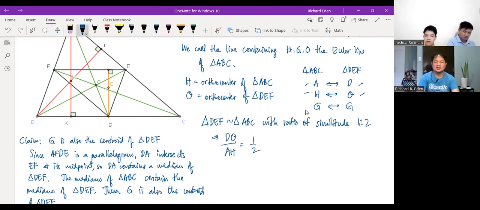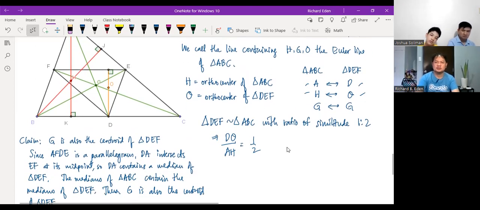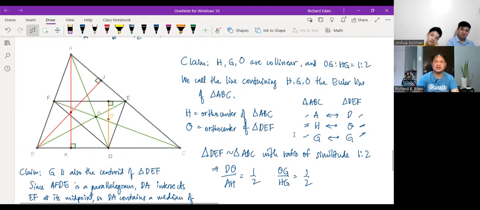Likewise OG and HG: OG to HG is equal to 1/2. So we have shown the 1:2 ratio.